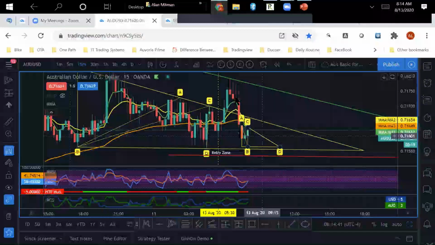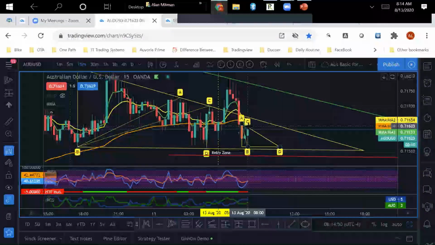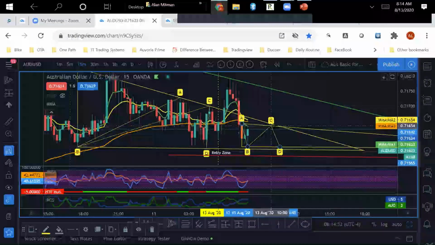This is what I call a little bit of a flag pattern, but it is forming a little bit of a wedge in there. It's pretty early on, but that's kind of what I'm looking at.